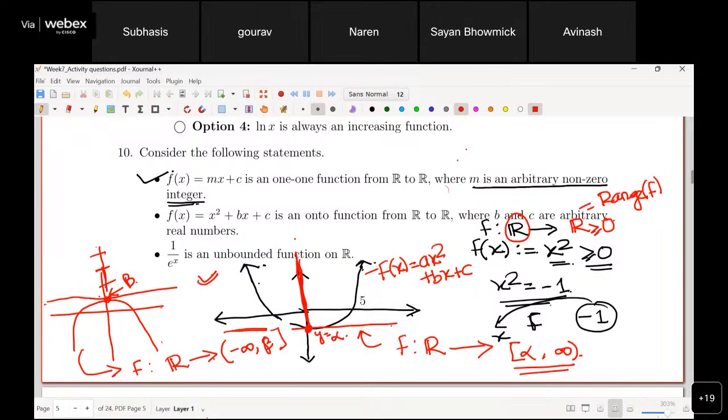In this case this function is surjective. So instead of reducing my domain, I am basically reducing my codomain, and in that case I can make this function surjective. Now is it clear why this option is incorrect? Yes, sir. Got it. So what about option 3?